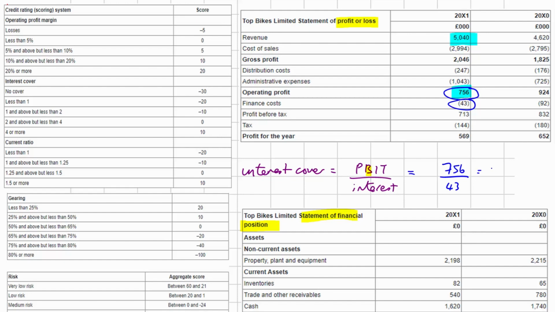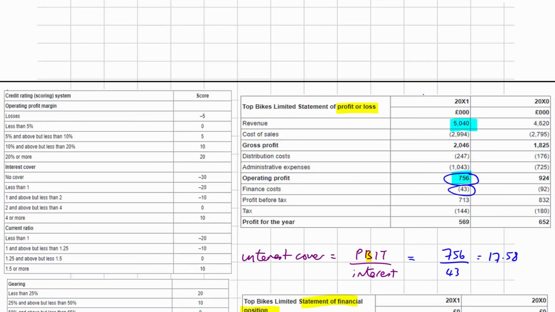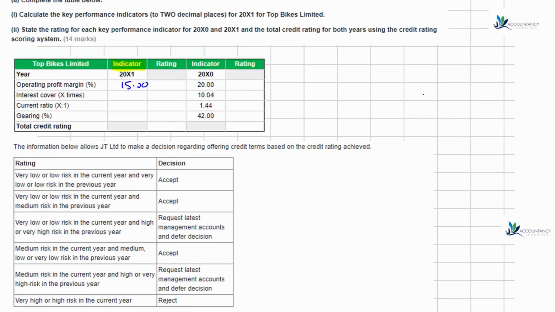And that gives us an interest cover of 17.58. So that means that we have enough profit to be able to cover the interest 17 times, which is pretty good. That sounds like a good number. So again, to 2 decimal places, that's 17.58.